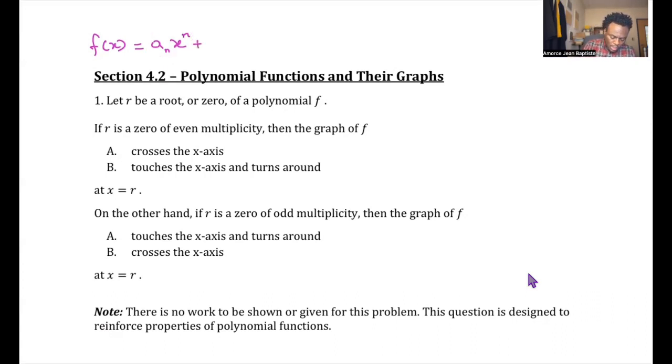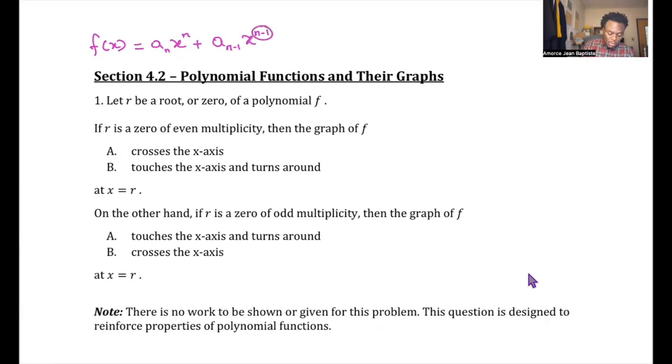And then we can have another term, which I'm going to call a sub n minus 1 for x exponent n minus 1, which will be the next term, the next power.